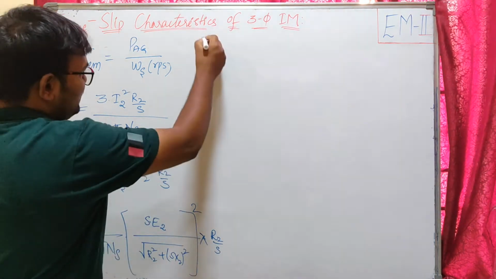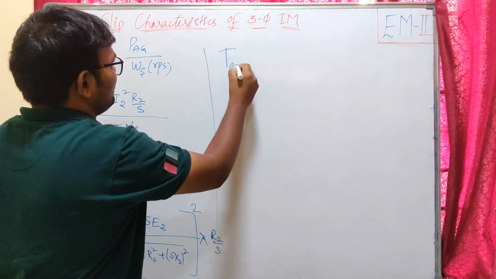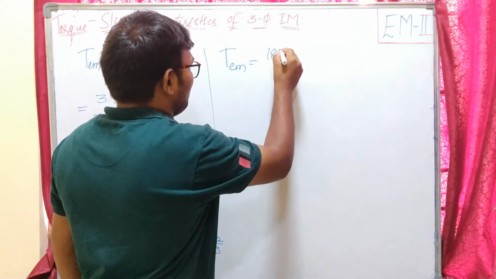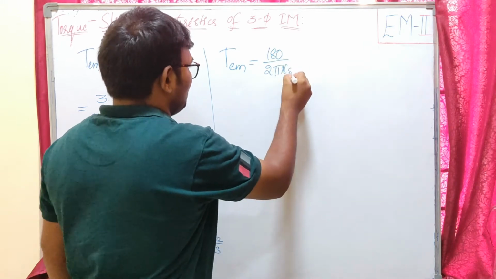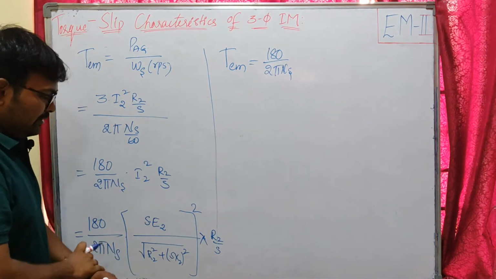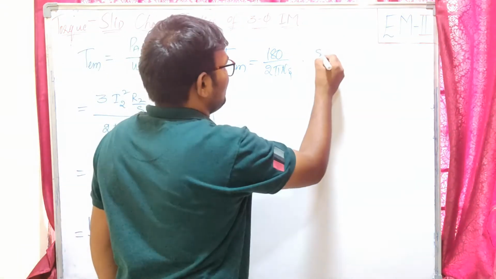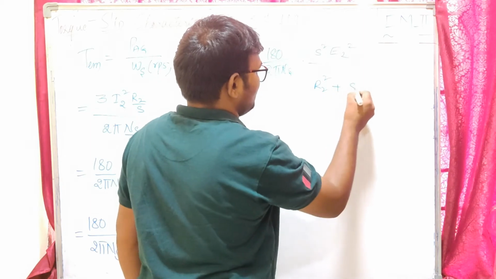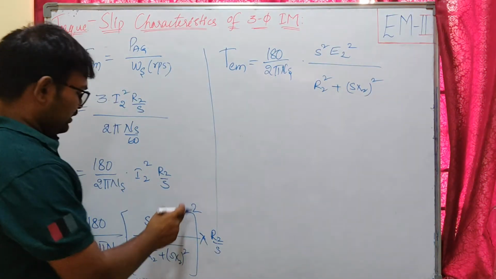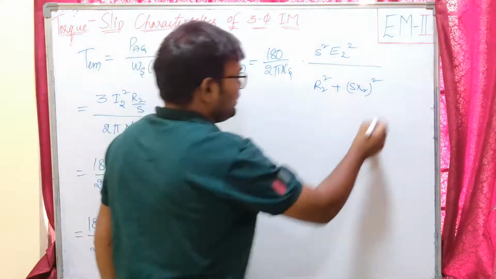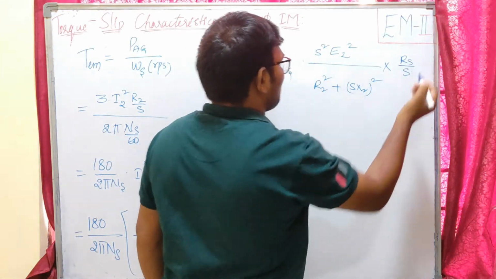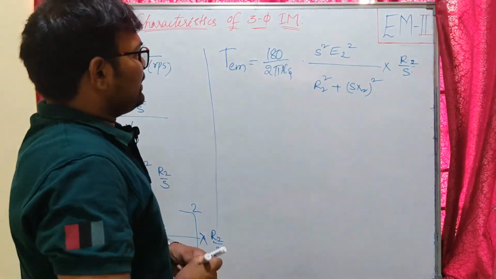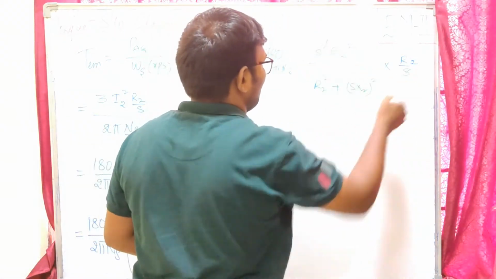My expression for electromagnetic torque is equal to 180 by 2 pi ns. I am going to take the square into the expression, that will be S square E2 square by R2 square plus SX2 square. My square and root get cancelled and I am left with R2 by S. So I can cancel this S square and S here.